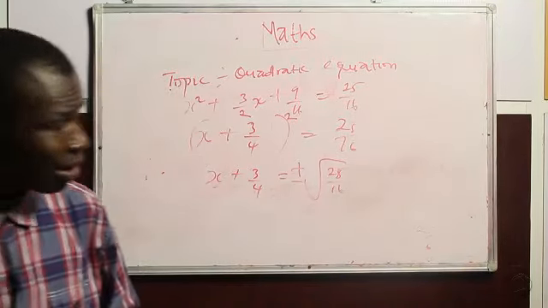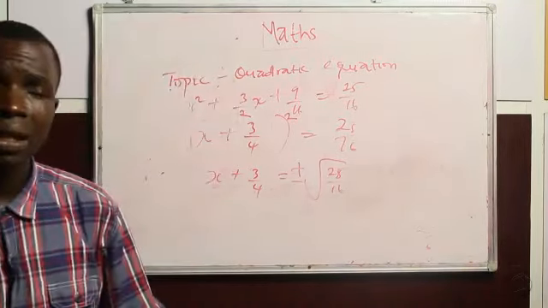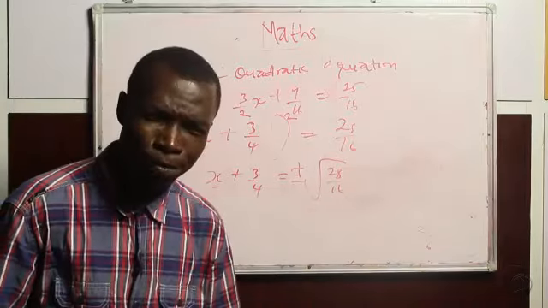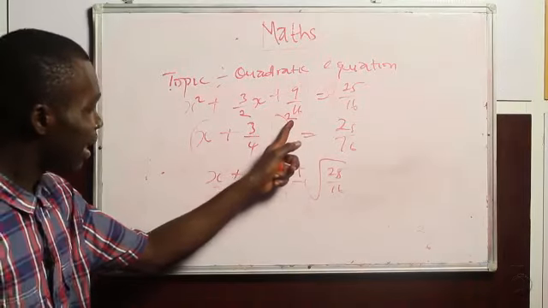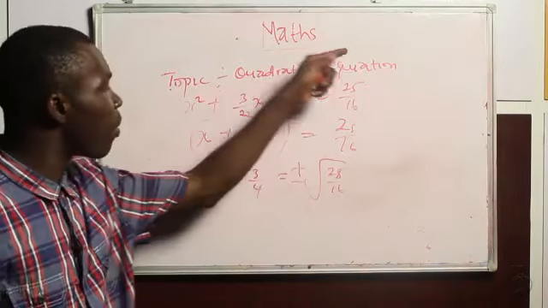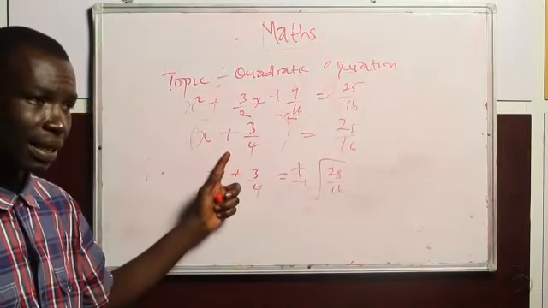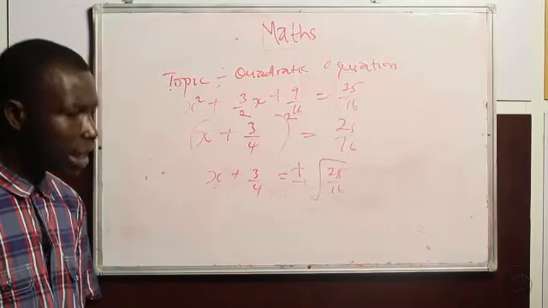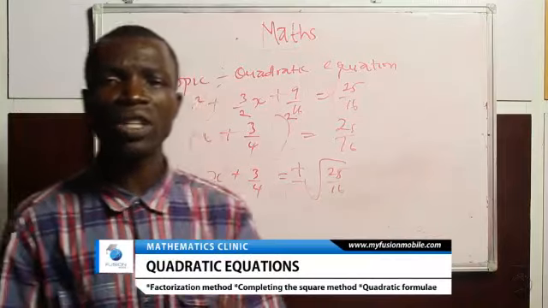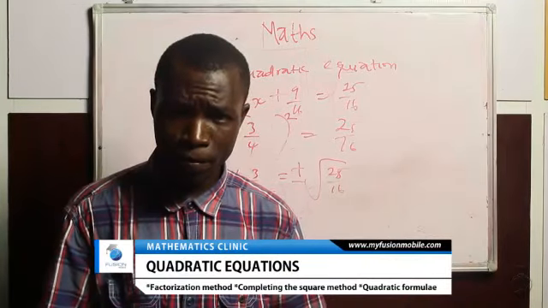How do I get plus or minus root 25 over 16? Because the square here must be removed to find the value of x. We are looking for x. We are making x the subject of the formula. Remember our change of subject when we are solving simple equations.